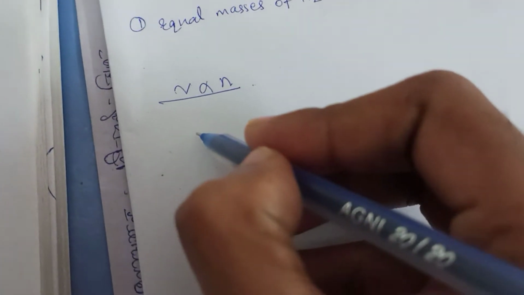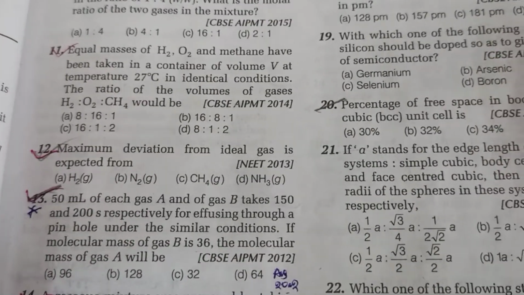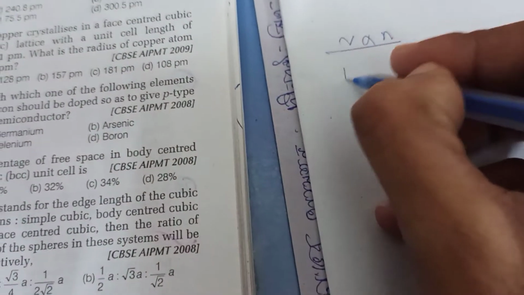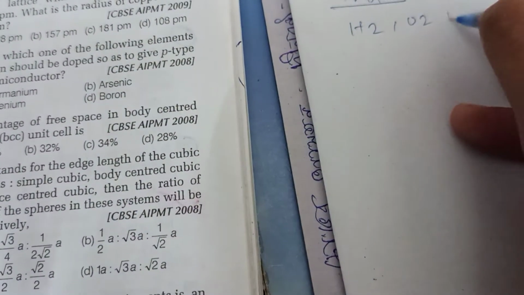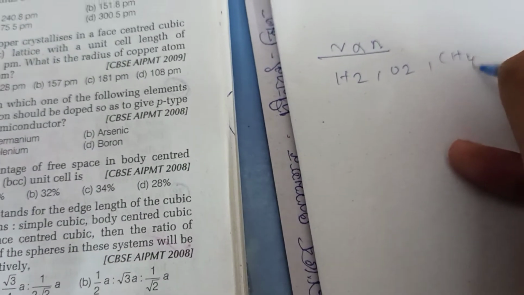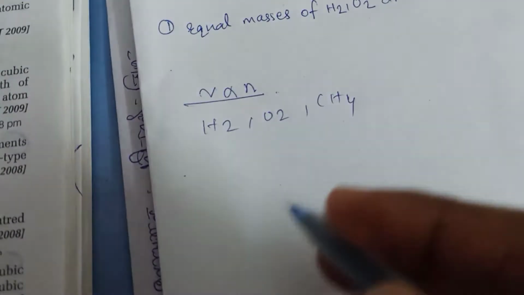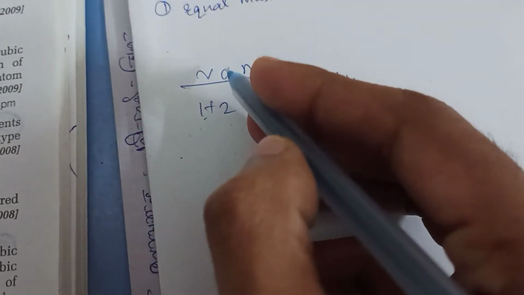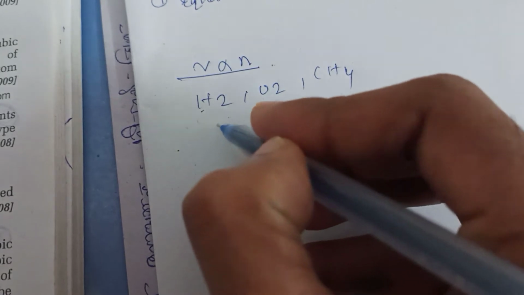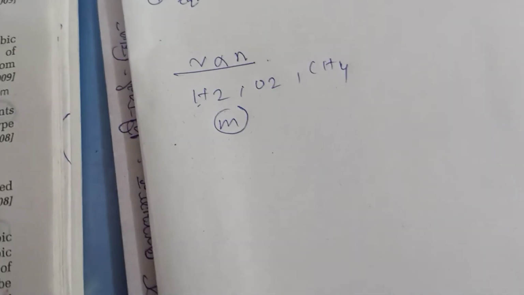Here there are three compounds, H2, O2 and CH4, and suppose the mass of each is m.